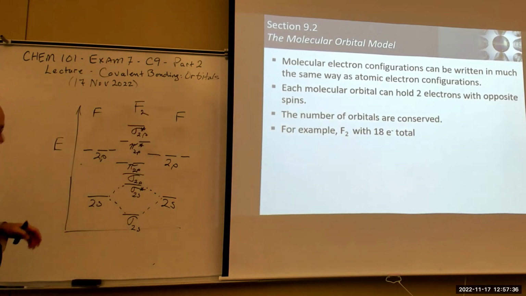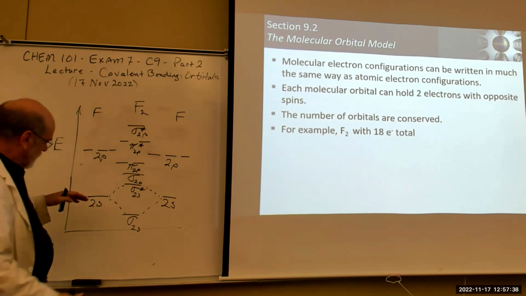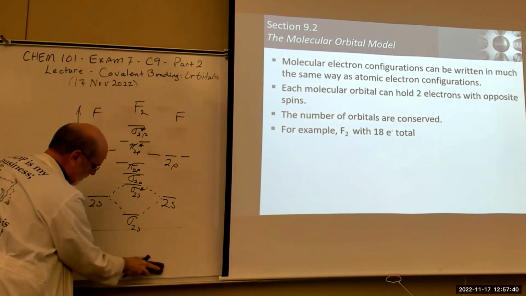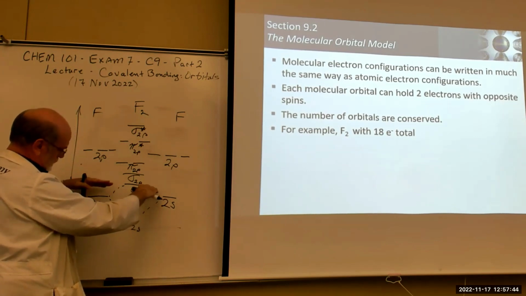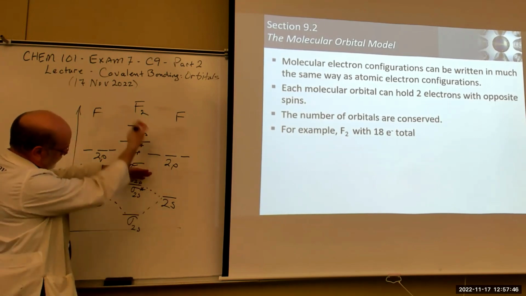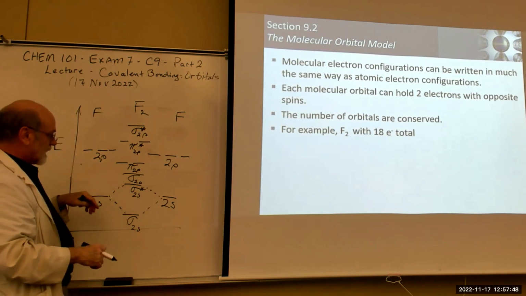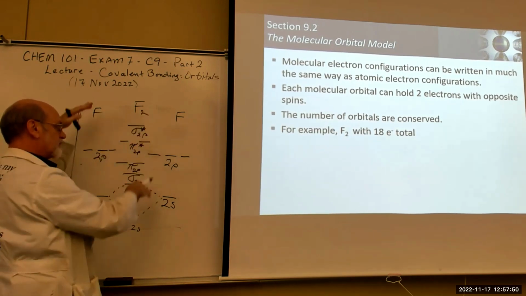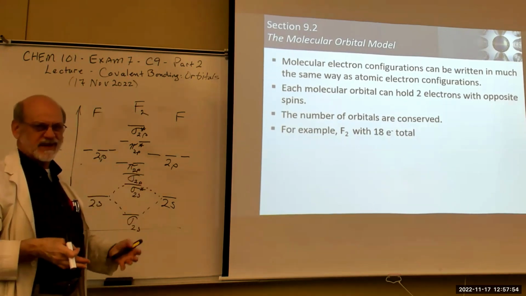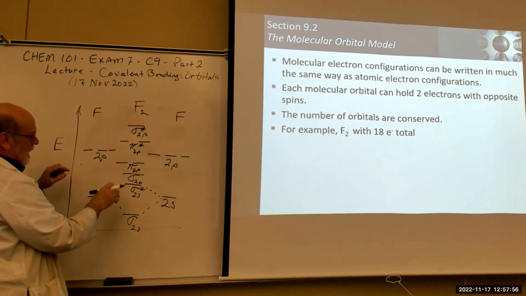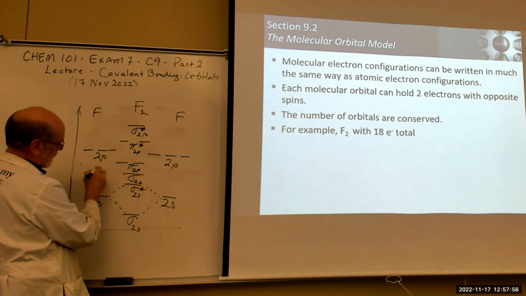So I'll point some things out. One thing I've already said is, since these are fairly symmetrical, because they're the same element, the 2 s's stay down here, separated from those. Once you get different elements, sometimes these can switch places, so that gets kind of messy.